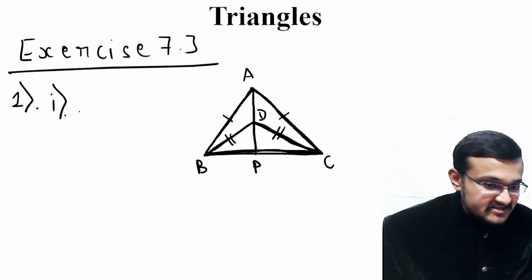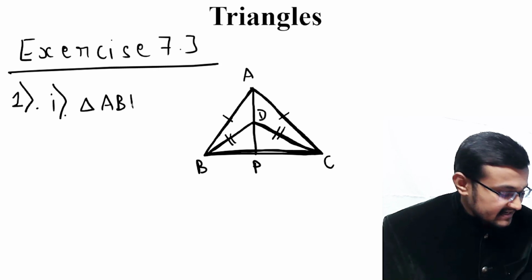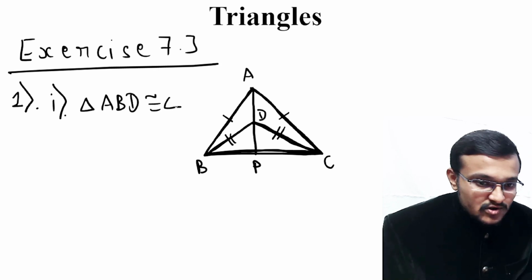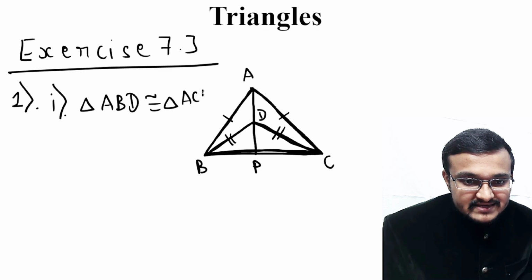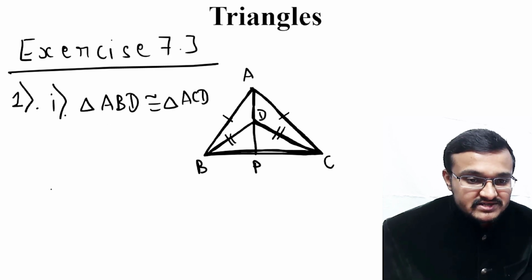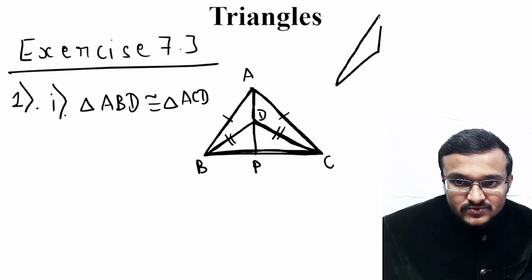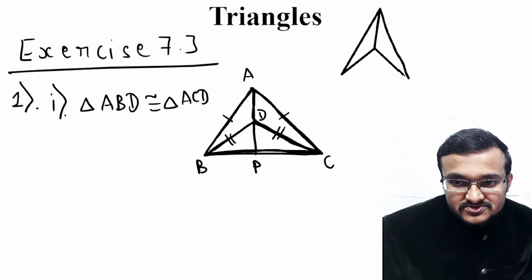Looking into the first part, you have to prove triangle ABD is congruent with triangle ACD. So if you draw these two triangles, one triangle is there like this, and one more triangle is there like this.